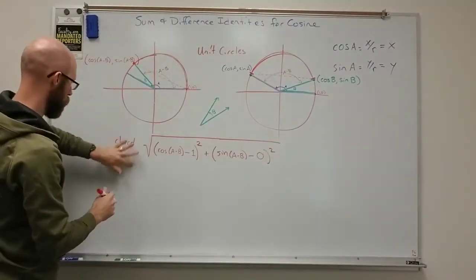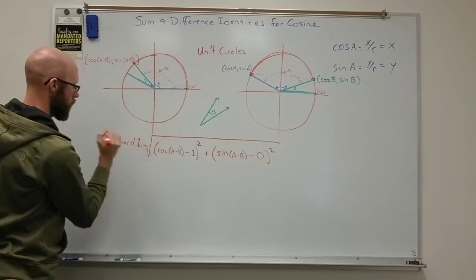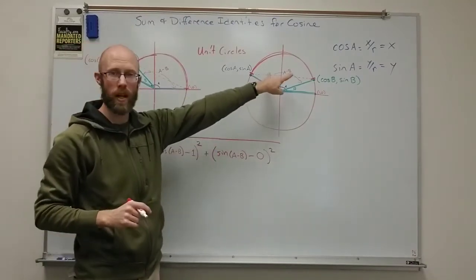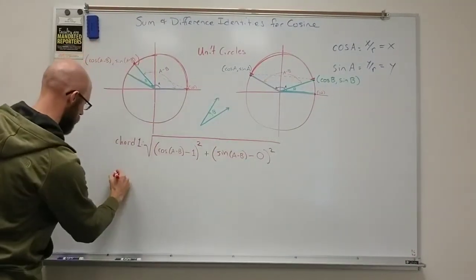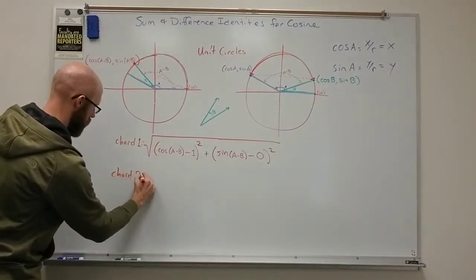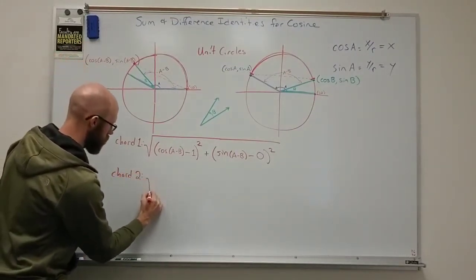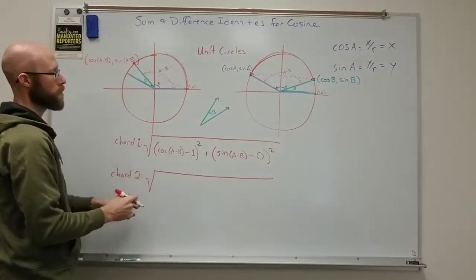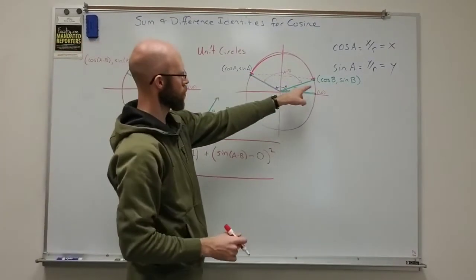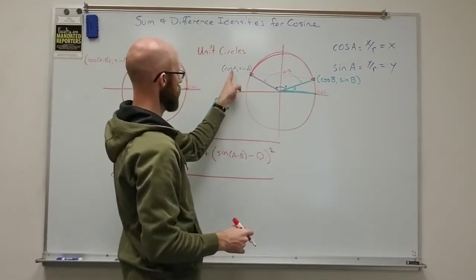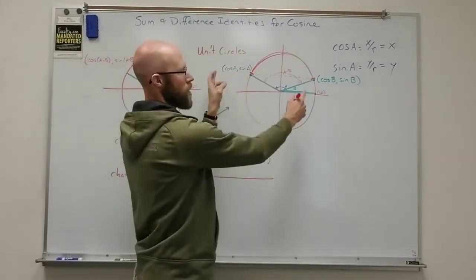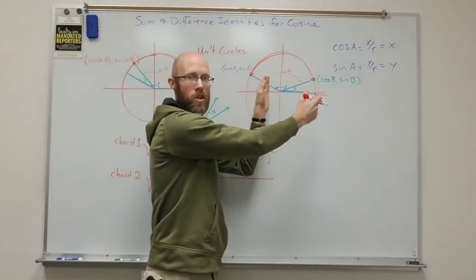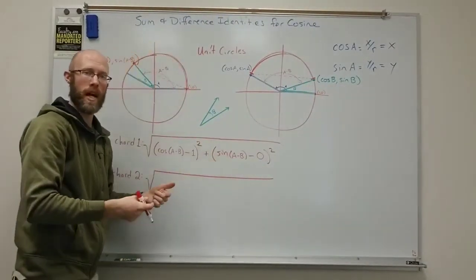Actually, I'm going to call that chord 1. Chord 2 is the one on the other side. Chord 2 is found also using a distance formula. It may not be quite that long, it might be. And it's going to be the same ideas: change in the x's, change in the y's, square those, and add them together.